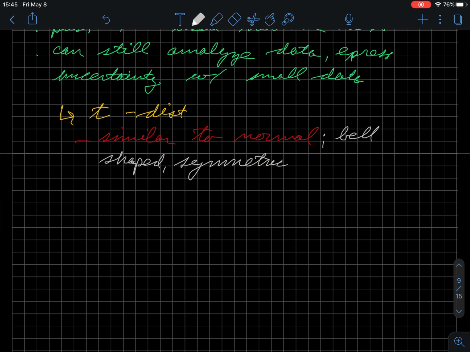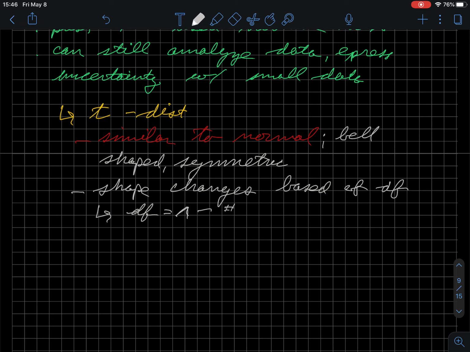No big deal there, right? Now the shape changes based off of degrees of freedom, which I'll call df here. And this is basically going to be your sample size, n, minus the number of estimated parameters.